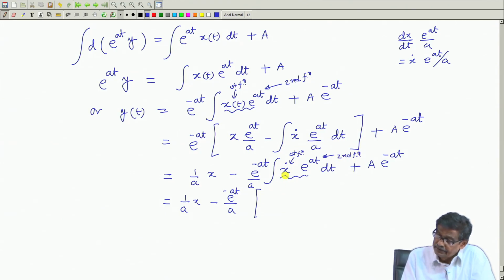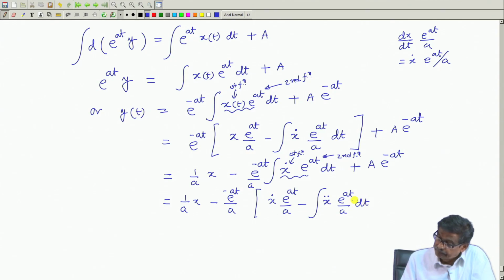So, first function, x dot, into integration of the second, e to the power a t by a, minus the integration of the differentiation of the first function, that is d2x/dt2, which I will write as x double dot, into integration of the second, e to the power a t by a, into dt, that is all.